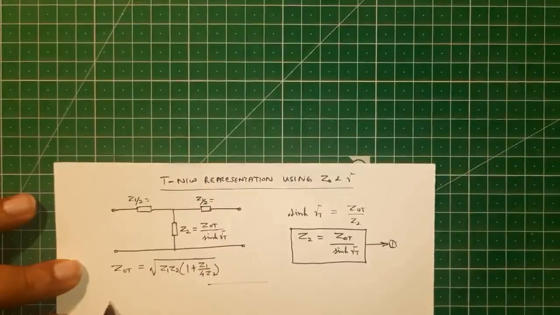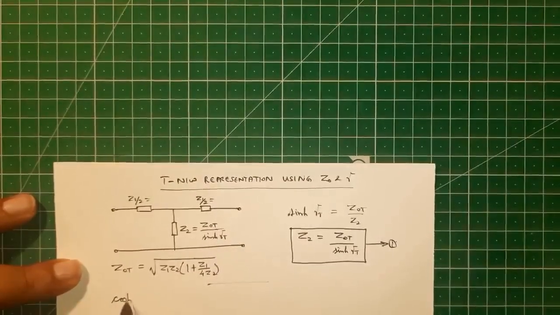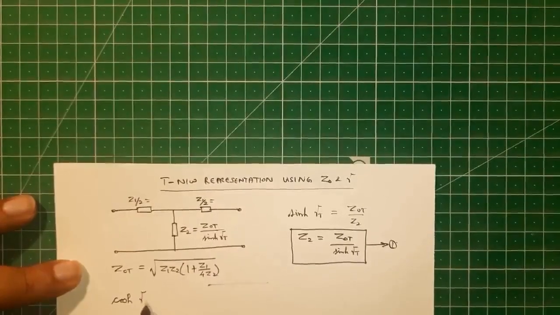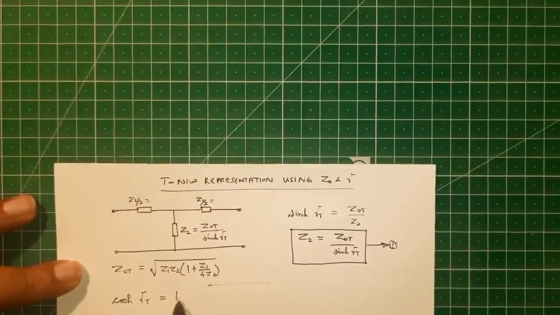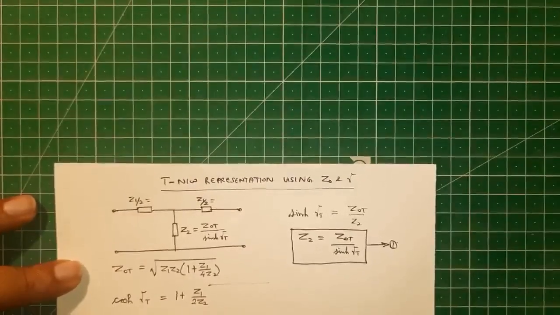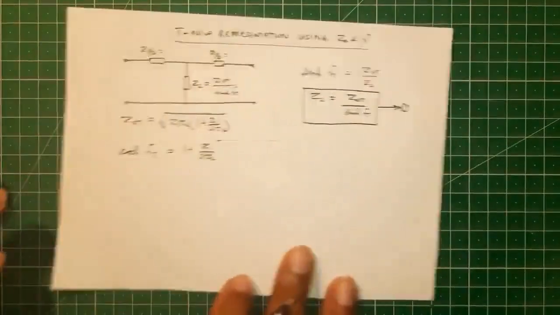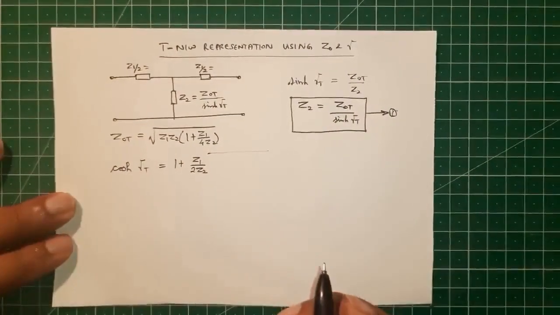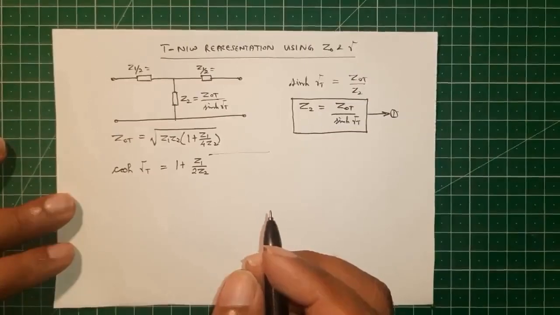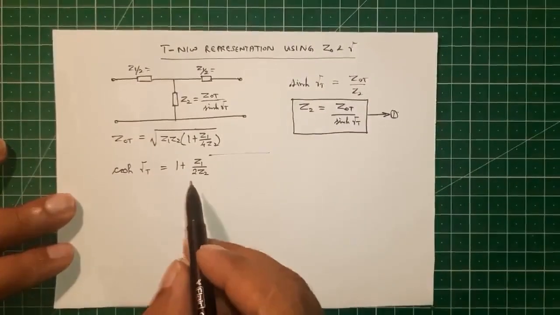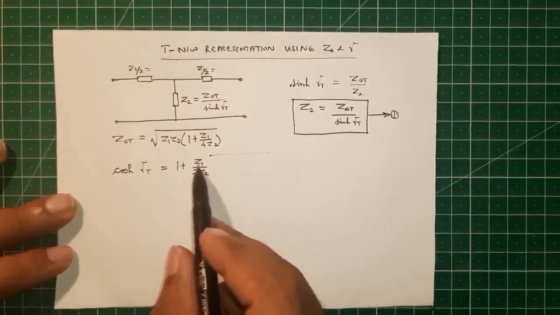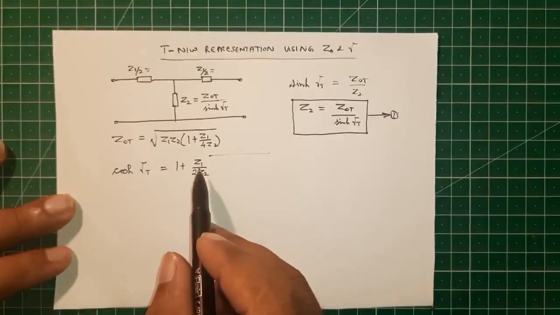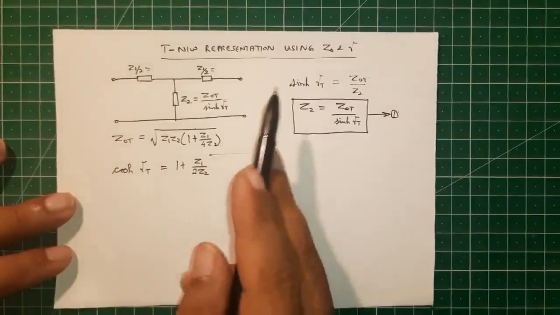Another relation that we have derived in the previous lecture was cosh gamma l is equal to 1 plus Z1 by 2 Z2. So we will find Z1 in terms of Z0 and gamma.